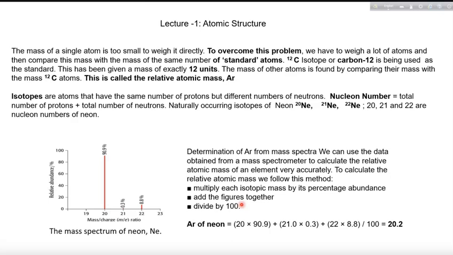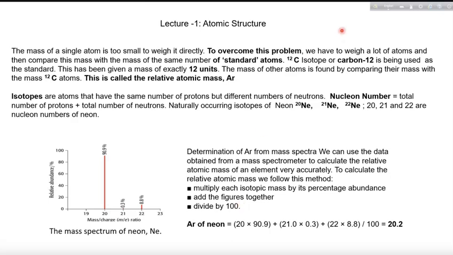But then we have to get the number of atoms, and we must have a standard atom to compare the mass. And we use carbon 12.